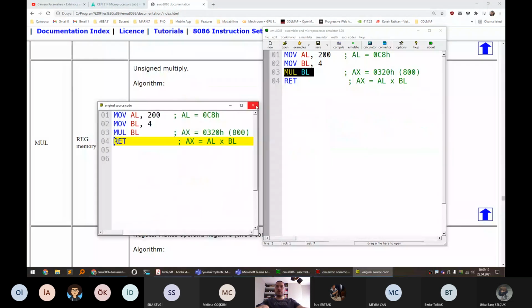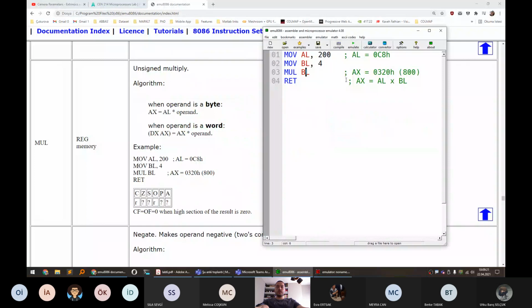Okay. You can change this into memory. For example, let's put this into the 1000H address and multiply AL with the 1000H address. This time, sorry, not AL BL.